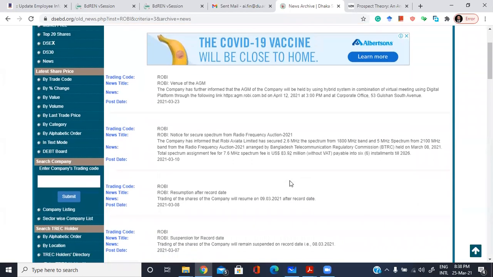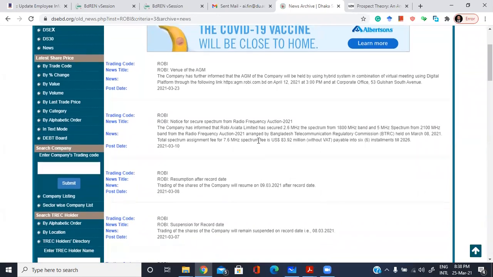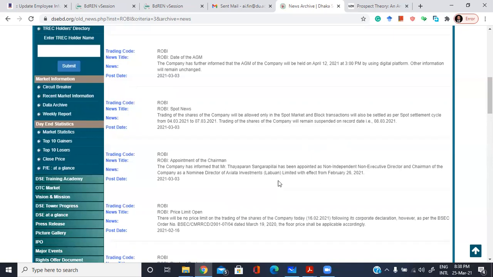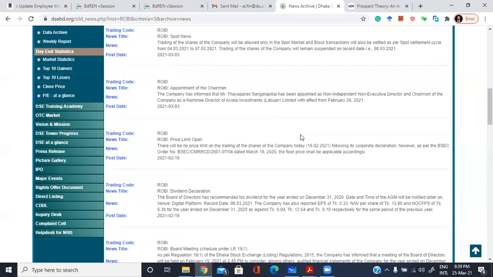So it may be an event if there will be some new information appearing from here, and another news regarding their spectrum, and another event for their block transaction, and another event for their nomination of the director.